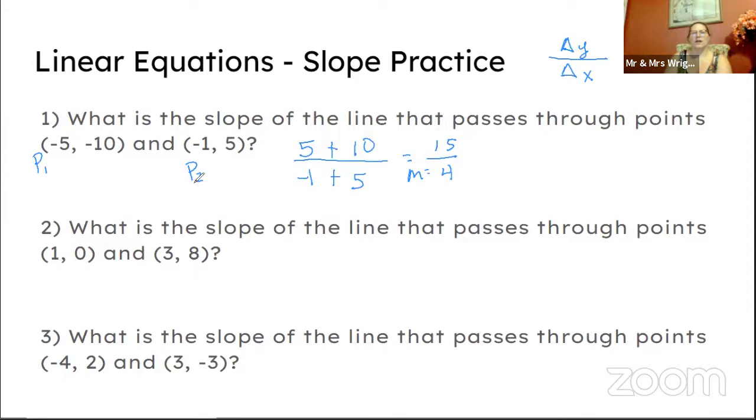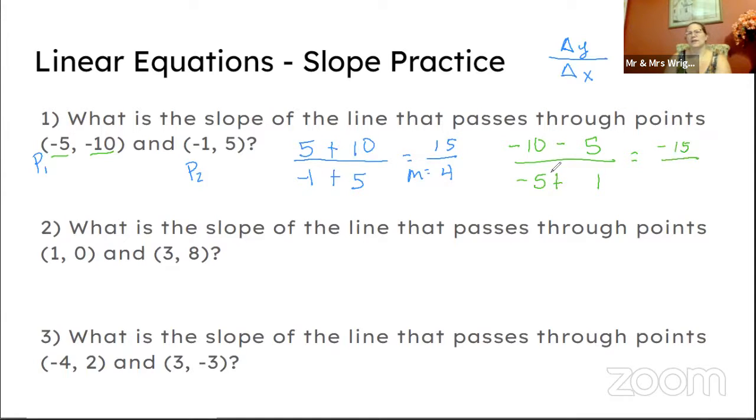Well, what if I reversed it and I did P1 first instead of P2 first? So in other words, if we switch these around, okay, so let's try it. -10 minus, and then -10's on the top, so on the bottom I'm going to need -5 minus. Okay, well, in this case, y is 5 and x is -1. That's going to be a plus 1 here. All right, -10 minus 5. Okay, well, that's a -15. Well, that doesn't quite look exactly the same.